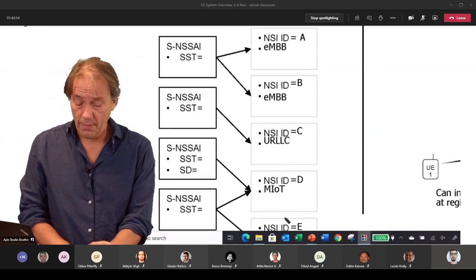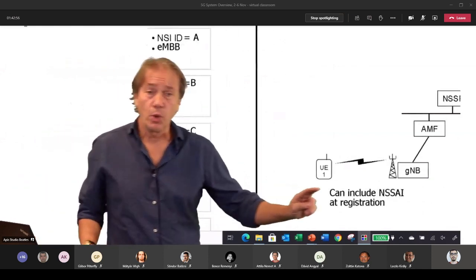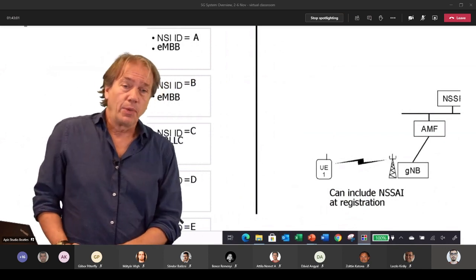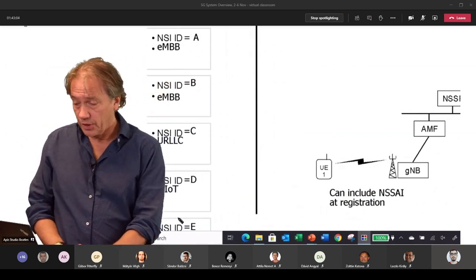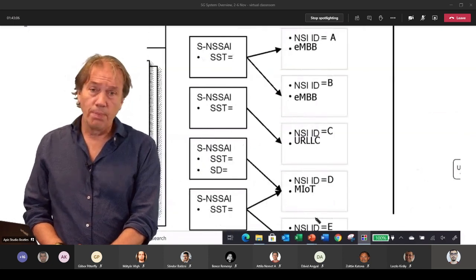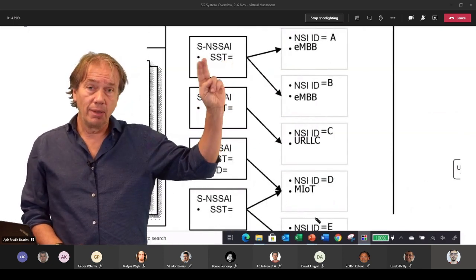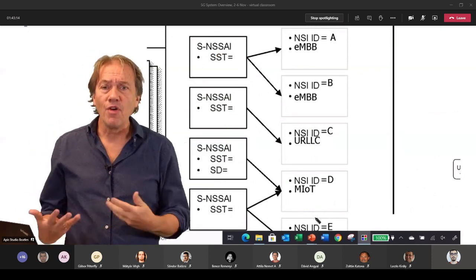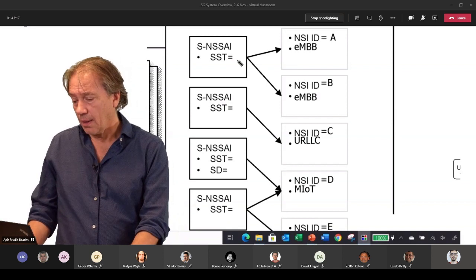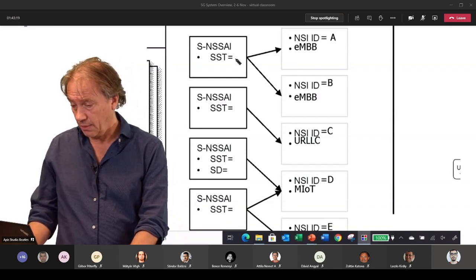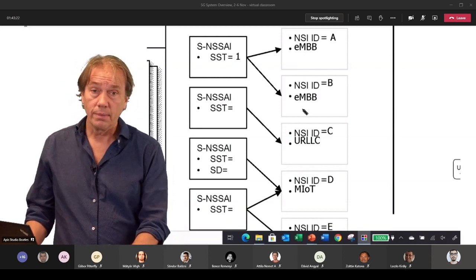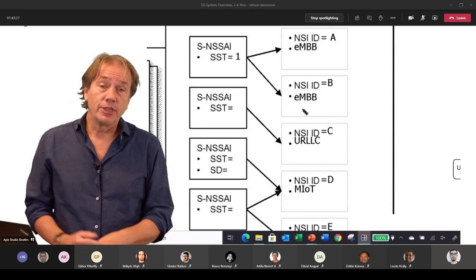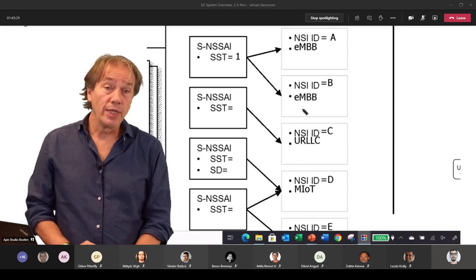So once again, a user equipment will include, or at least can include, network slice selection assistance information at registration. If the user equipment sends an SNSSAI value, and the SST value is 1, it means that this user equipment wants to belong to an eMBB slice.